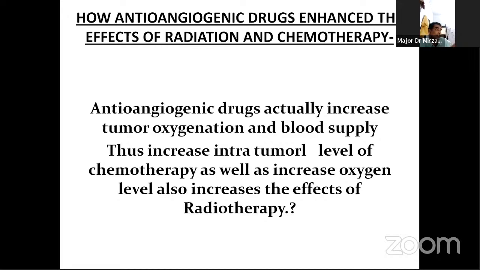The leakage of the parent intact blood vessels is reduced, and maintenance of a healthy parent venule is done indirectly by anti-angiogenic drugs. So what happens? Tumor oxygenation and blood supply increase in the tumor area. The chemotherapy reaches the tumor area in adequate dose, and radiotherapy, due to increased oxygen, also has increased effect. That is the reason.